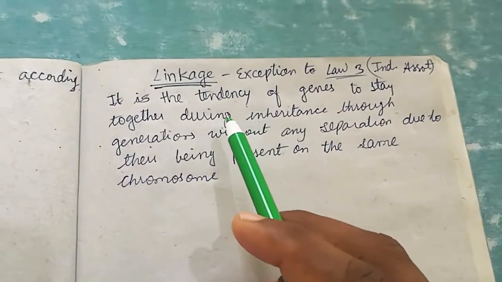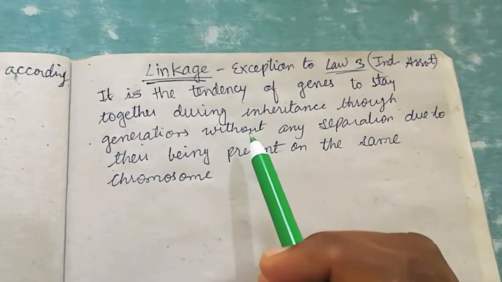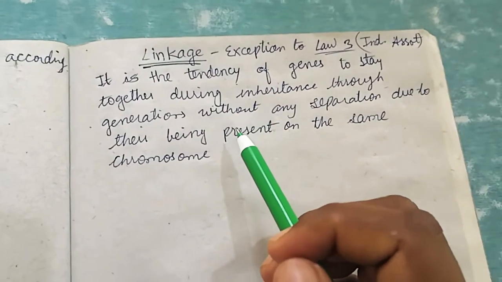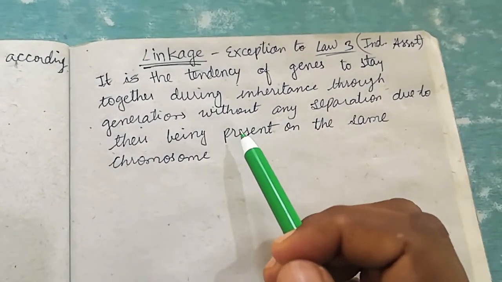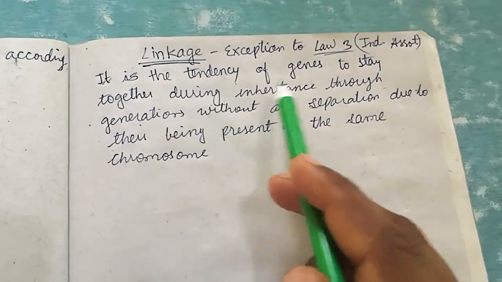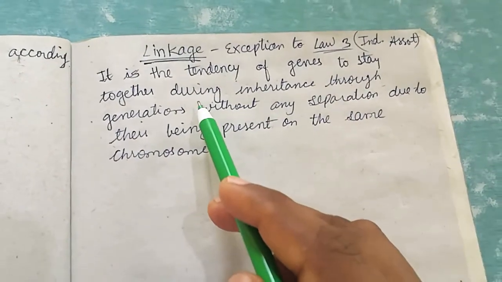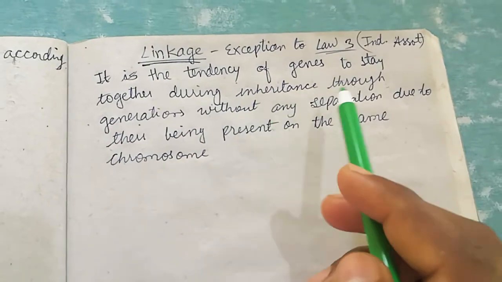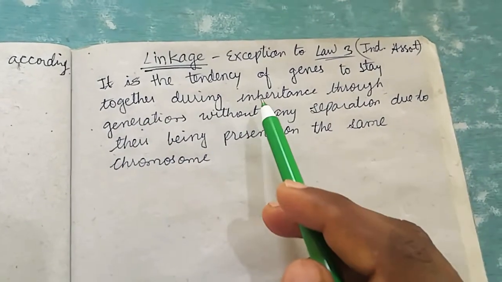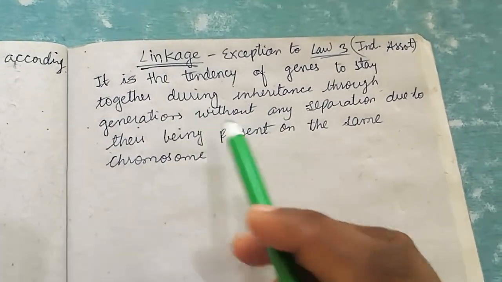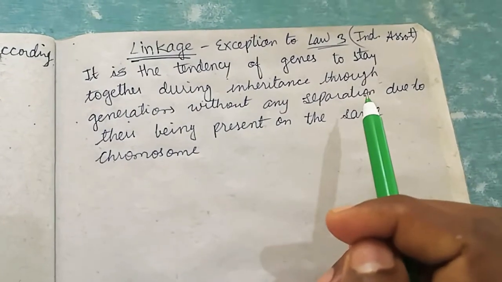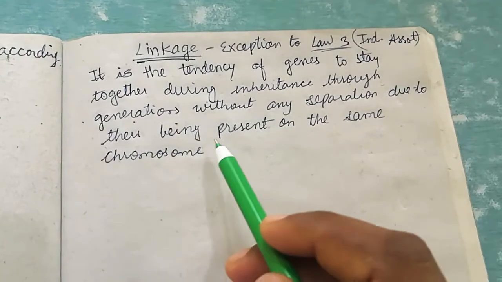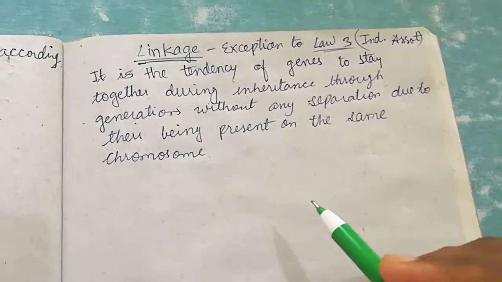But in linkage, for example in a dihybrid cross with two characters, the genes stay together during inheritance. That means there is no crossing over taking place. Throughout the generations they stay together without any separation. And why are they not separating? Because they are present on the same chromosome.